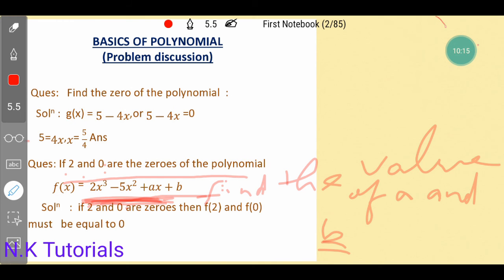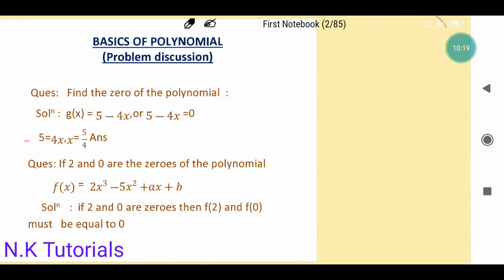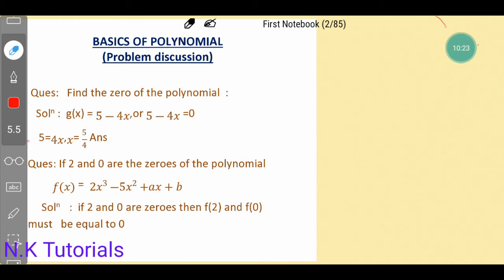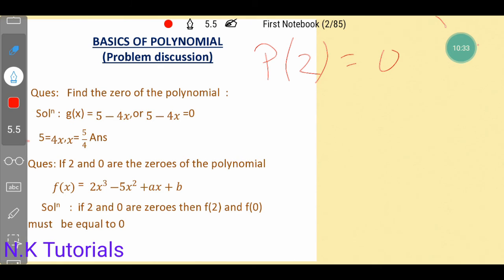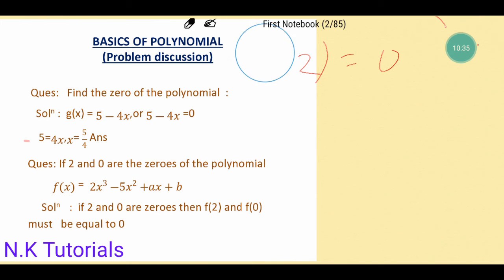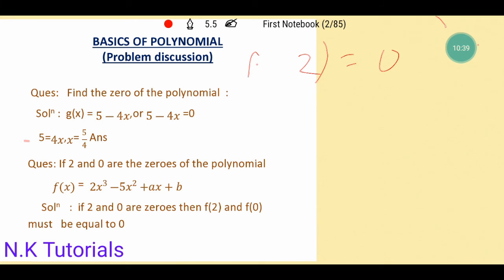Let's see. First let's do p2 is equal to 0. Then what will be, not p2, sorry, it will be f2. f2 is equal to 0.